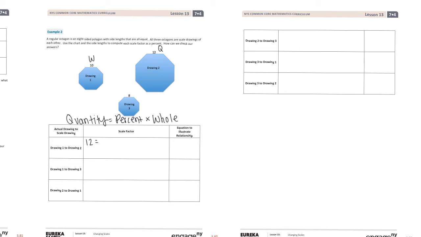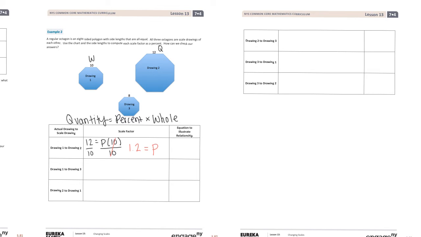So 12 equals our percent, which we don't know and can call the variable p, times the whole, which is 10. Now, let's try to get p by itself. To get p by itself, I'm going to divide both sides by 10. So 10 divided by 10 gives us 1p, and 12 divided by 10 gives us 1.2.